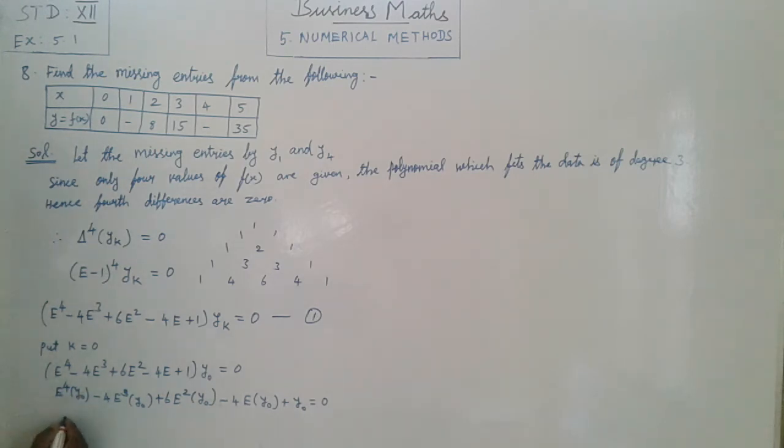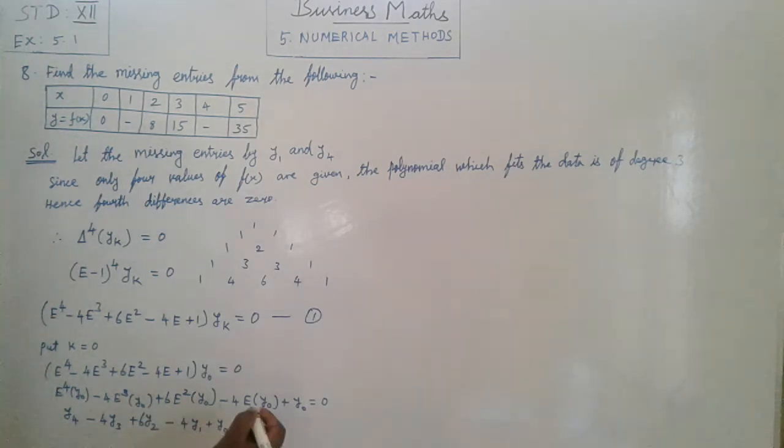E power 4 y naught is what? y4, minus 4 y3 (e power 3 y naught is y3), plus 6 e square y naught is y2, so 6 y2, minus 4 into e of y naught is y1, plus y naught equal to 0.